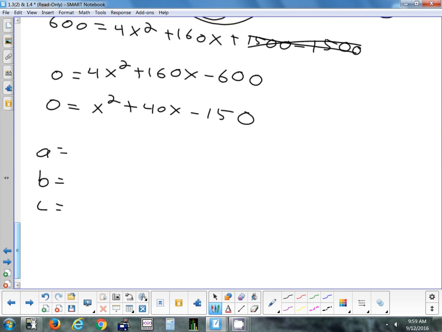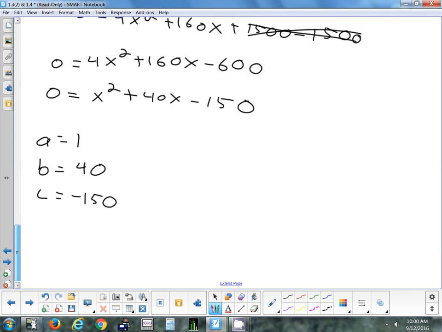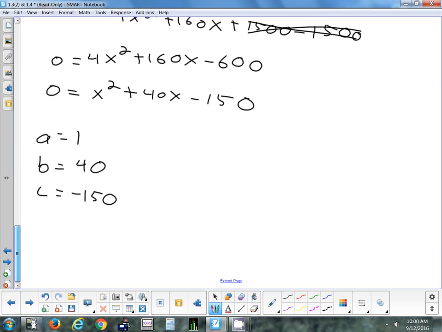What's that? It's your favorite, I can tell. So what's the coefficient of x squared? That's a. B? 40. And C? Negative 150. All right, so now we'll just plug everything in and simplify.